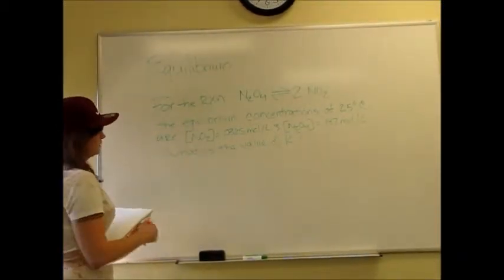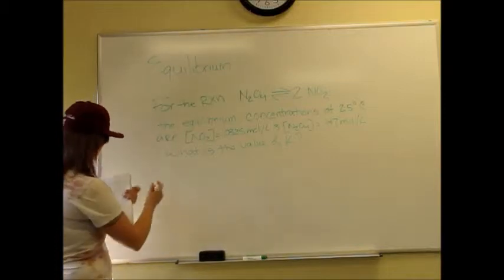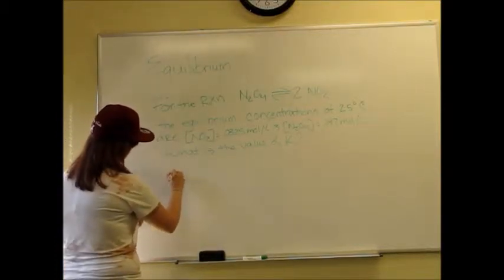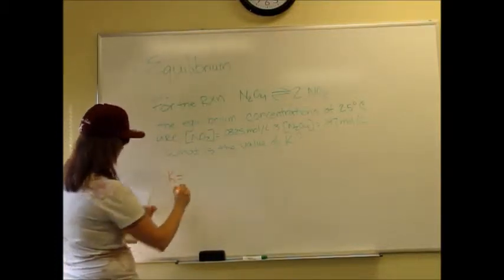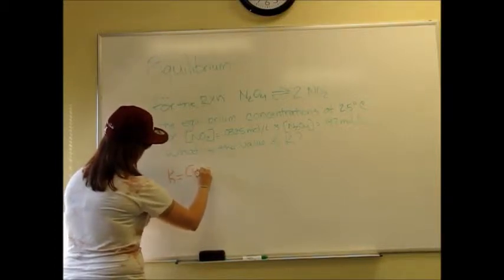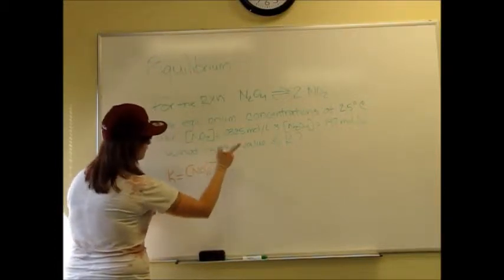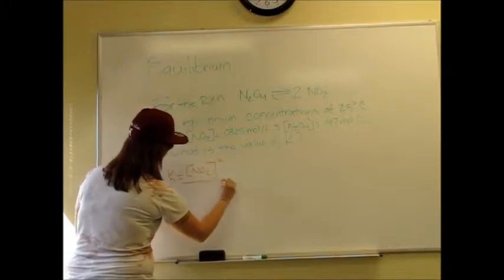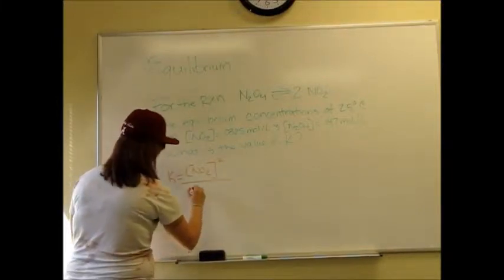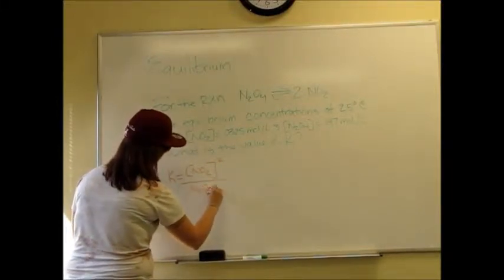So the first thing you're going to do is set up the equilibrium constant that we did in the last video. So it's going to be K equals NO2, and there's 2 of them, over N2O4.